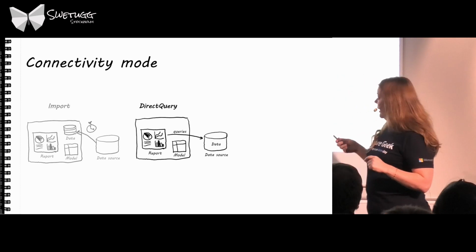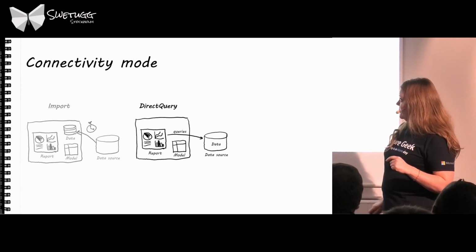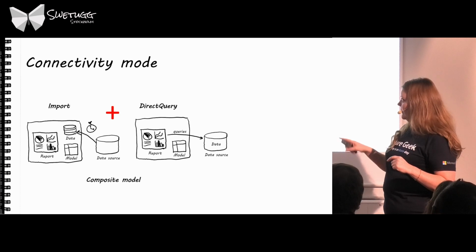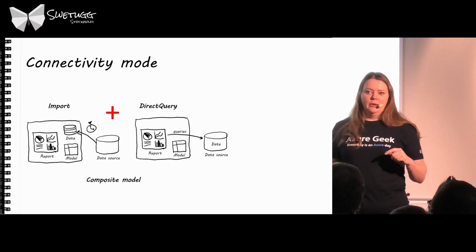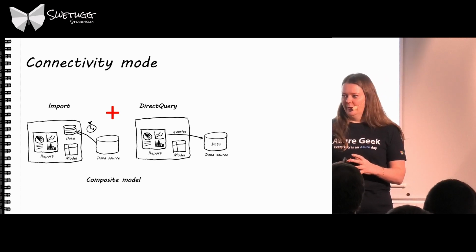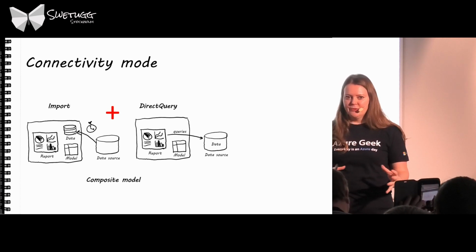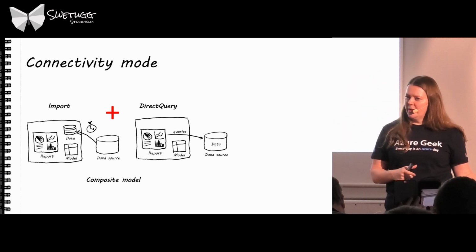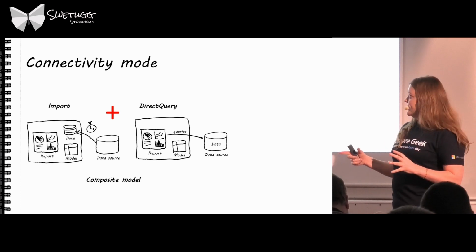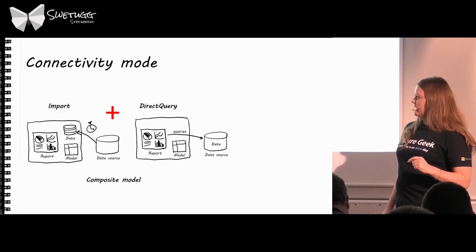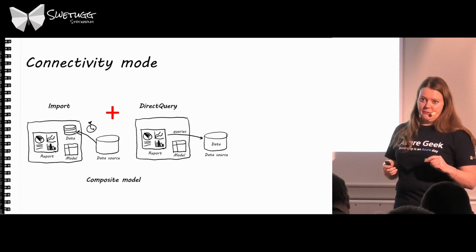And to make things more complicated, both import and direct query can be in one model. So you can have some tables, small tables, which are imported into Power BI, and other tables can be used in direct query. It's called composite models.